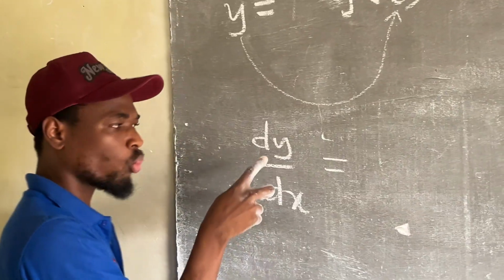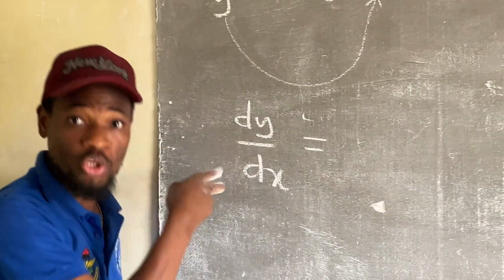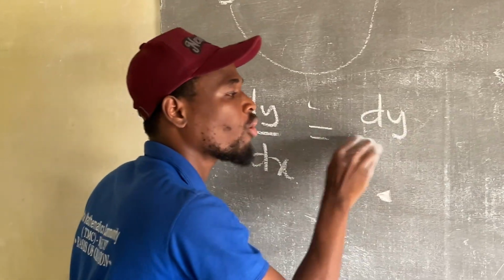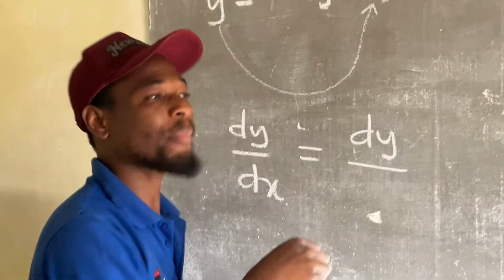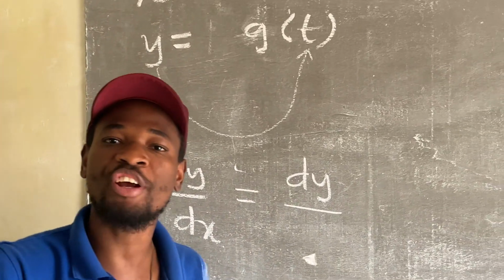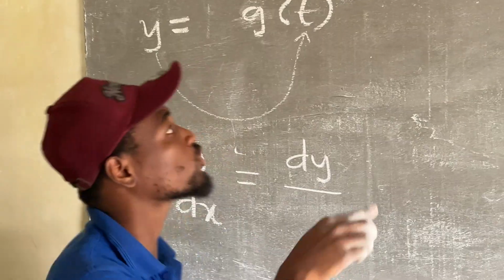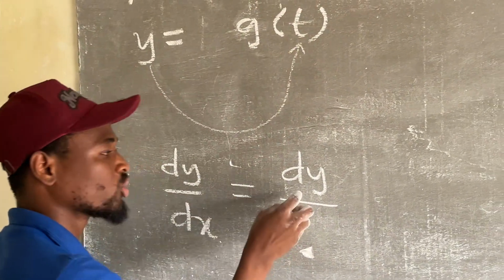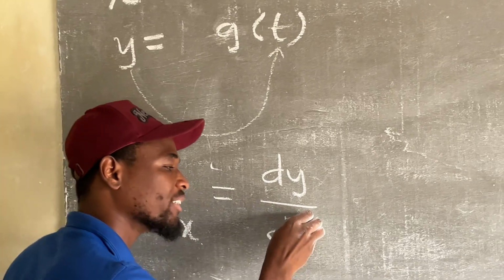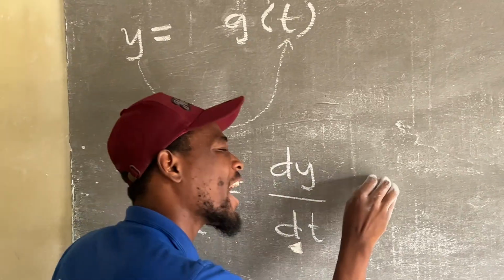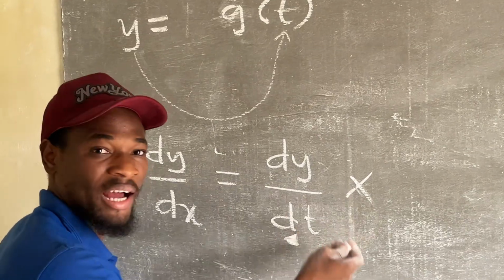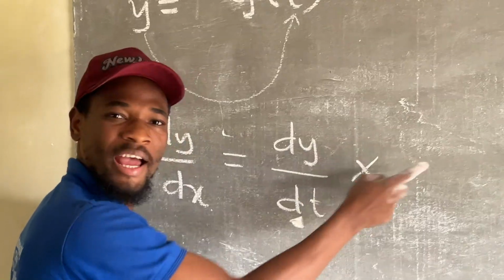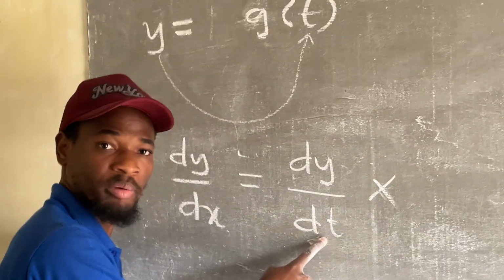the trick is, what is your numerator? It's dy, so you begin with that dy, then over, for a parametric equation, we differentiate with respect to t. So it will be dy over dt. Then times, when I come to the other side, you will not begin with the numerator anymore, but you focus on the denominator of this.